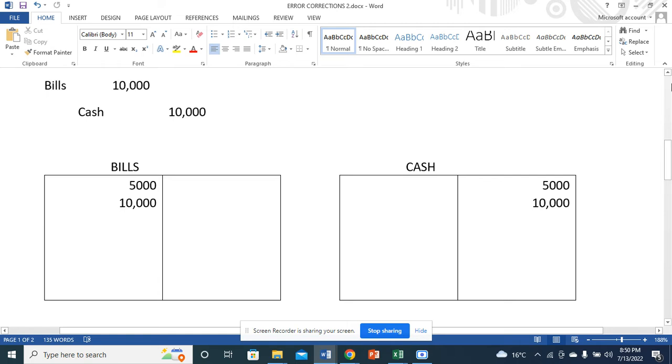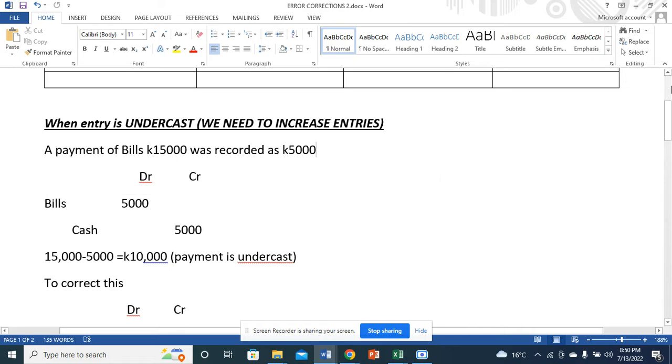So here, this example specifically, the entry was undercast. We made a payment for bills, which is an expense. It was supposed to be 15,000, but it was recorded as 5,000. So it was undercast.